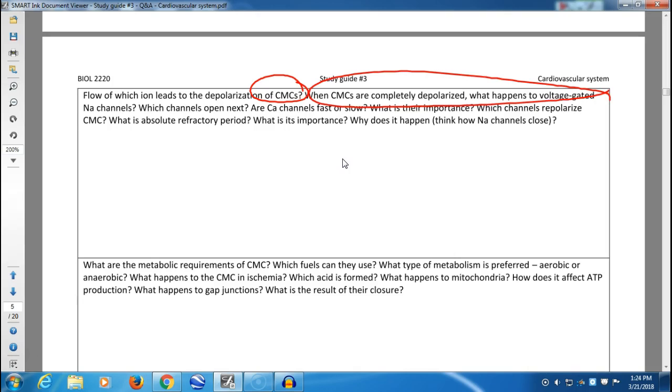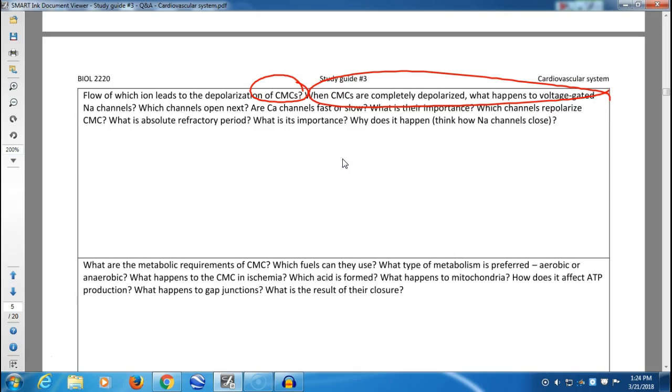They closed and inactivated. So calcium channels, they are slow, right? Where does calcium go? In. What does it maintain? Plateau of the action potential, right? So plateau is due to the calcium.